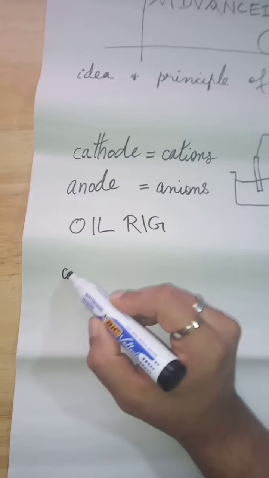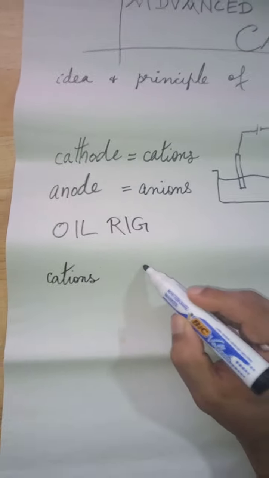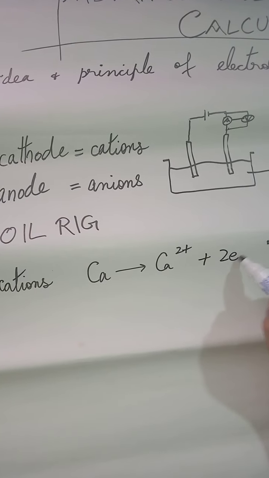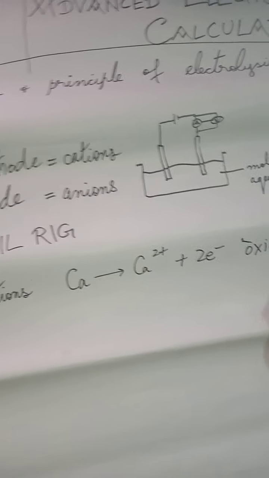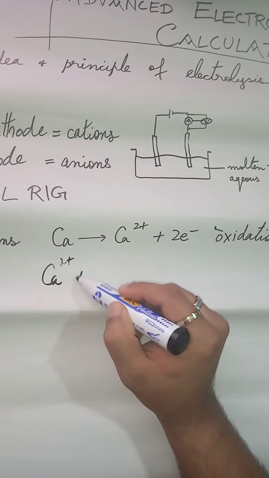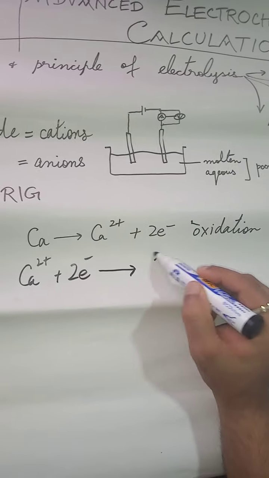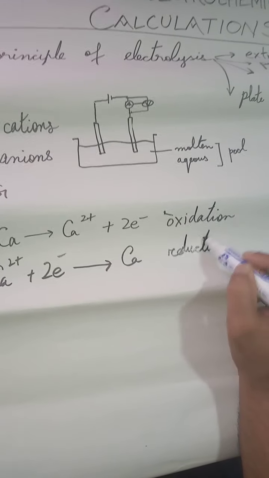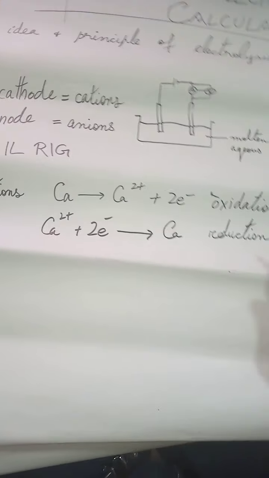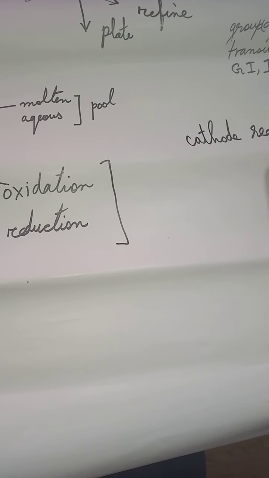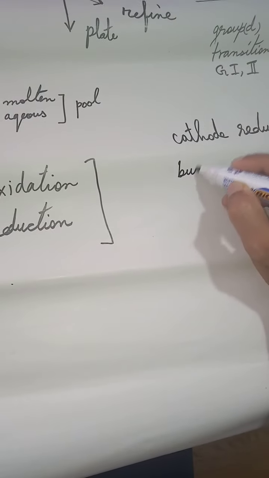Cations ionize after having lost electrons, so they undergo oxidation. When they come back to the cathode, they are reduced into their natural metallic form. So the cathode reduces, but is oxidized in the process.